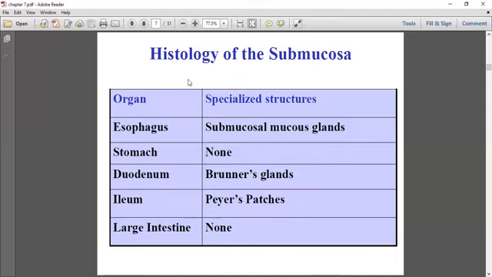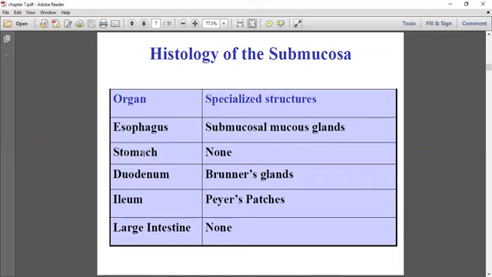Histological structures or features of the submucosa: esophagus, characterized by esophageal gland, which is a mucus secreting gland, multicellular, acinous in shape, thus called esophageal glands.